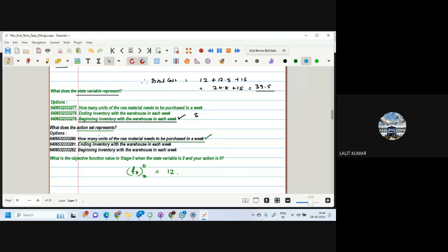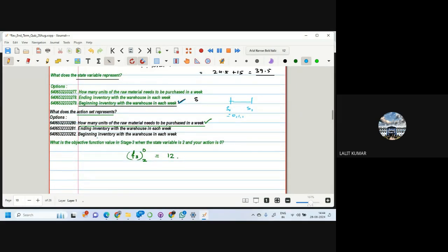So now the next question is, what does the state variable represent? State variable is basically your state: S0, S1, whether it is 0, 1, 2, 3, 4. So the beginning inventory with the warehouse in each week. What is the action set? Action set is how many units of the raw materials need to be purchased in a week. So it could be 1, 2, 3, 4, and maximum 5.